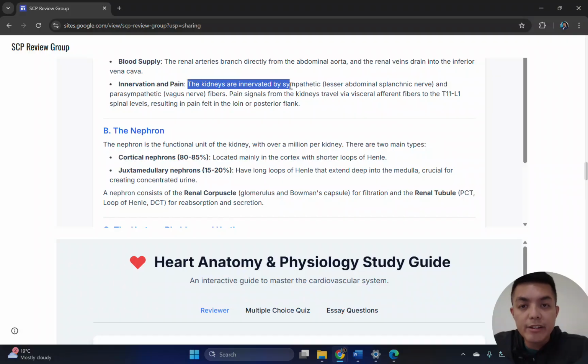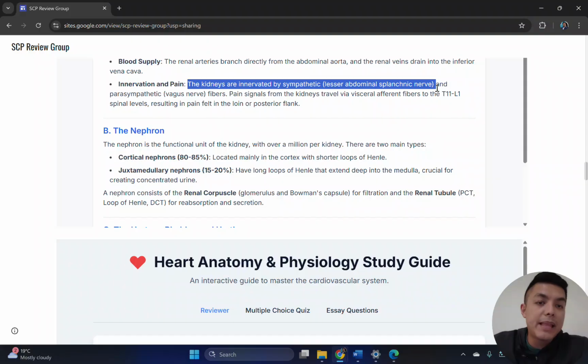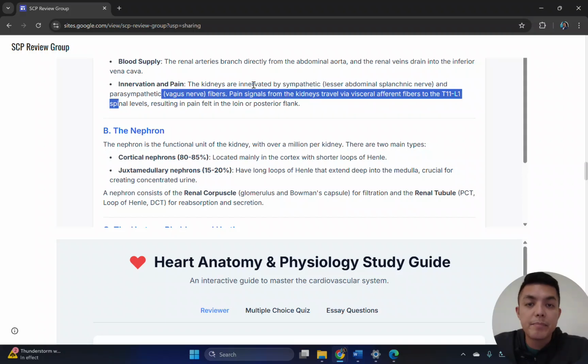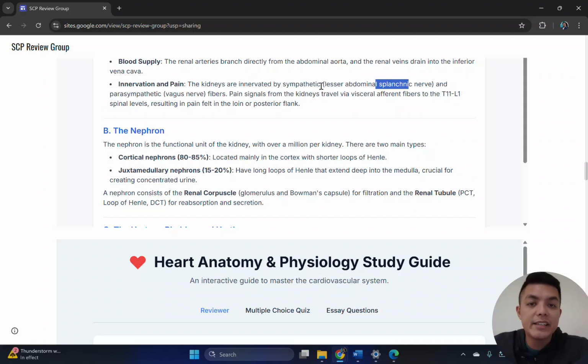The kidneys are innervated by the sympathetic lesser abdominal splanchnic nerve and the parasympathetic vagus nerve. So those are the two fibers that innervate the kidney. Sympathetic is splanchnic, S and S, and parasympathetic is the vagus nerve.